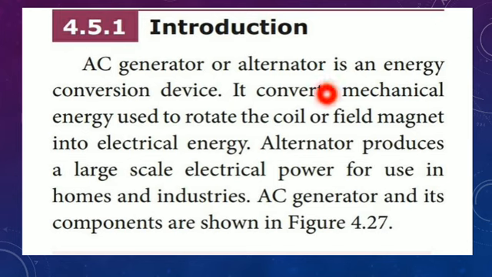It converts mechanical energy used to rotate the coil or field magnet into electrical energy. So the AC generator is a device that converts mechanical energy into electrical energy, right? At the same time, an alternator produces large scale electrical power for use in homes and industries. Alternator is nothing but a generator.